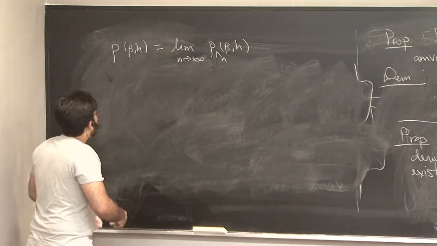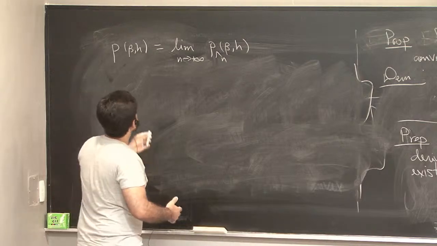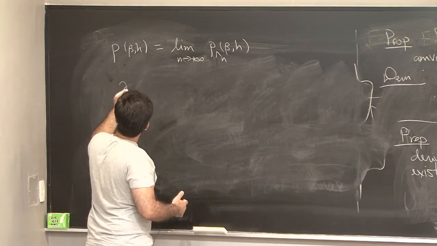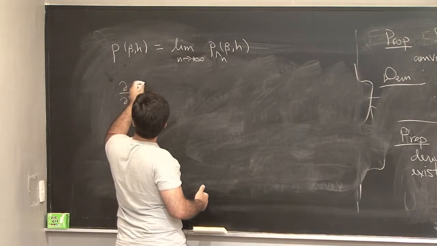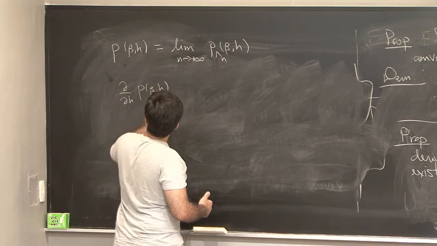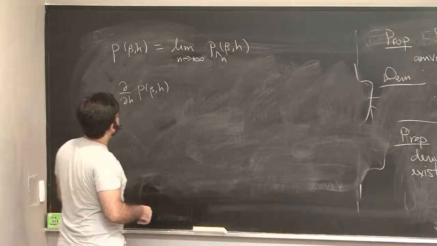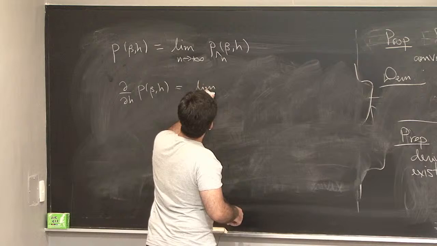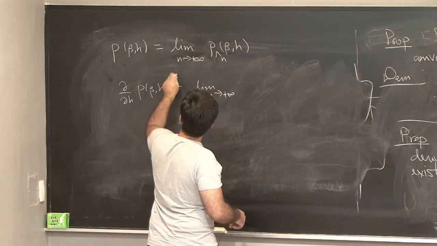So what I want to be able to do is the following. What happens if I consider this, and if somehow I can interchange the limit?